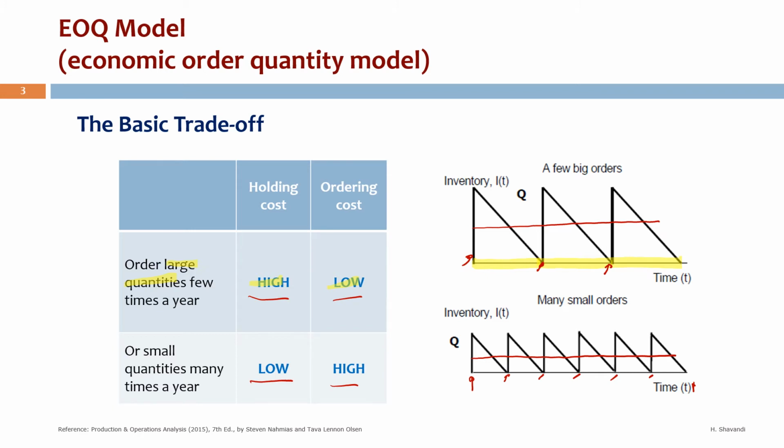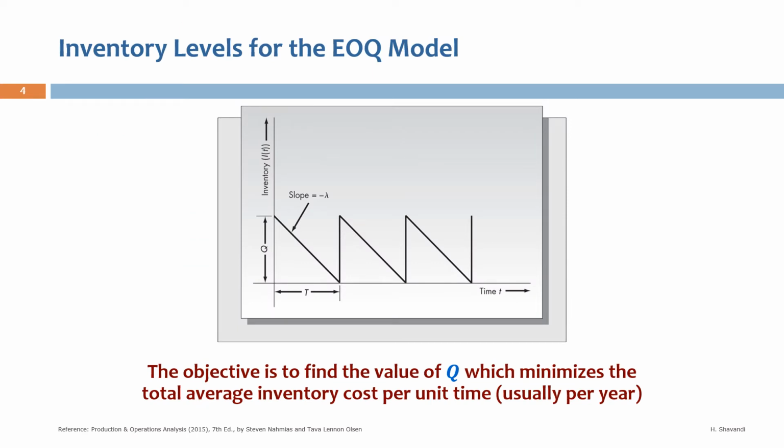So what's the optimal level for order quantity and the optimal number of orders per year? We are going to obtain these optimal levels in order to minimize the total cost of inventory. This is how we formulate our problem.